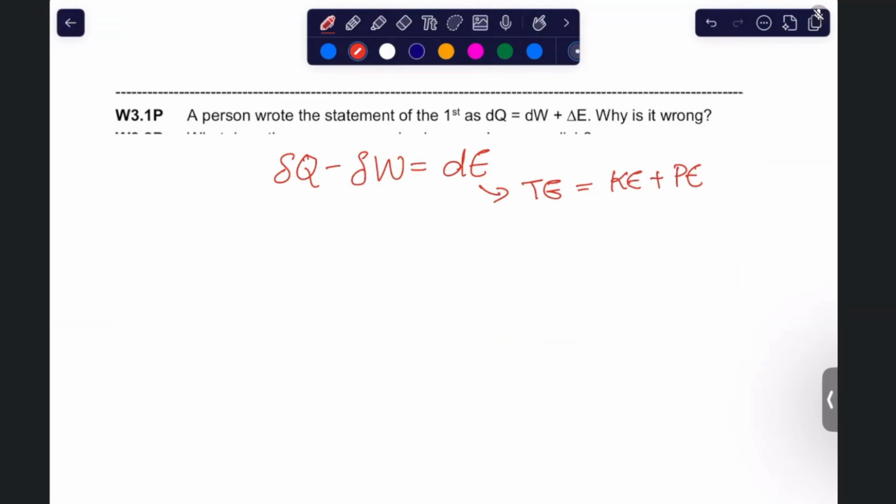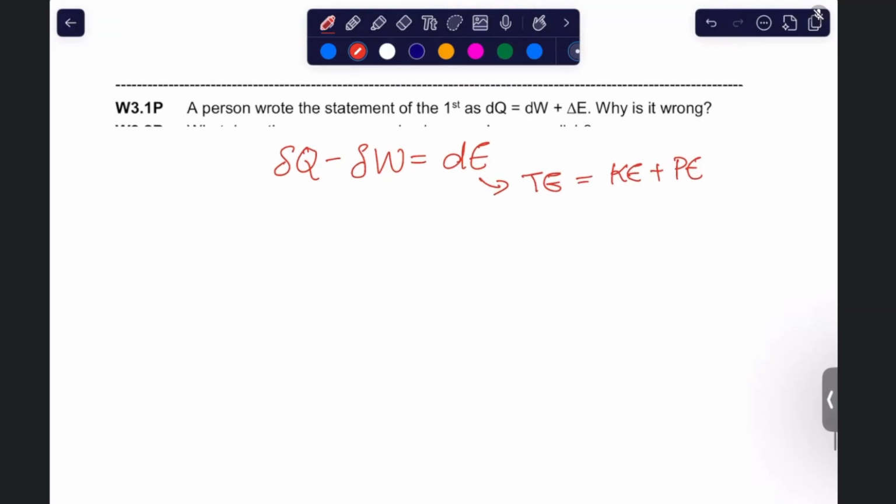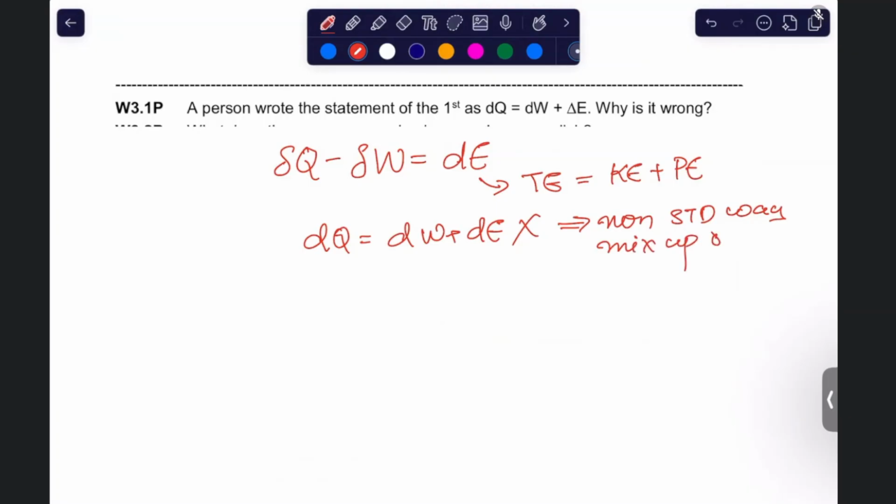And when we are writing dq equal to dw plus dE, there is a mix up of sign convention happening. So this is the non-standard way, because a mix up of sign convention is happening.